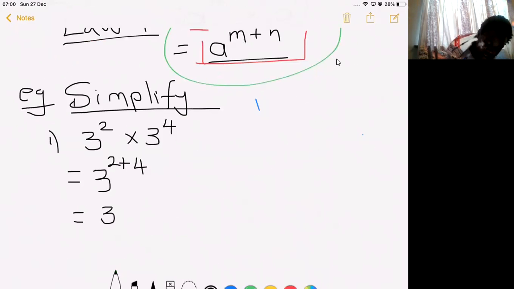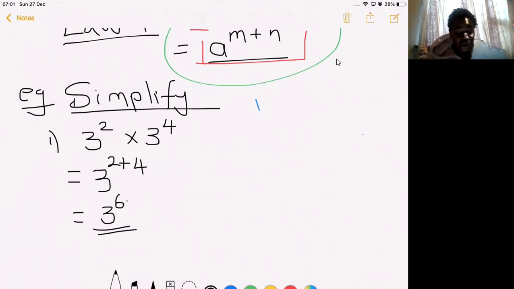The question says simplify. When you are simplifying, it means you have to leave your answer in exponent form. We don't want the numerical value. We are not going to say 3 times 3 times 3 times 3 and get the answer. You just leave the answer in exponent form. Example number 2.